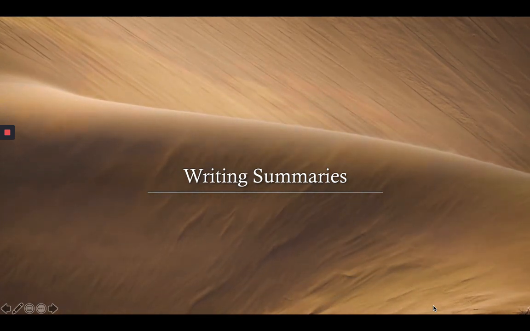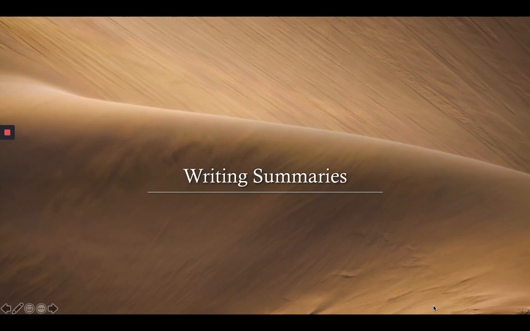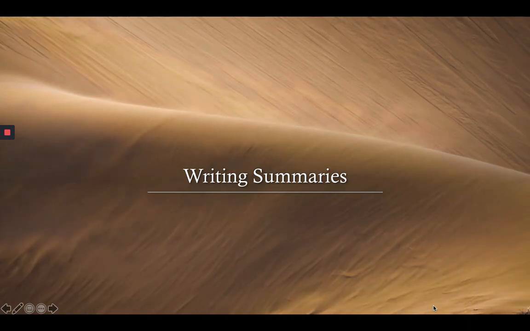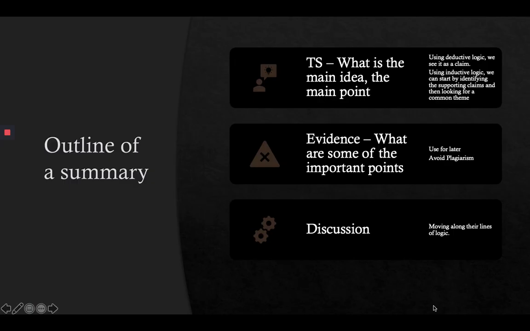So let's talk about when you're writing a summary, what we're really looking for, both for us and for you. The idea here is that you're summarizing their whole argument, their main point, in one sentence. They are arguing this. As we said before, from the standpoint of a writer, you are not in this.